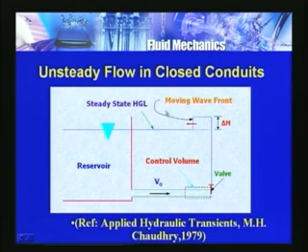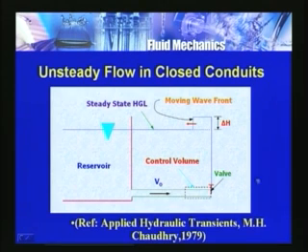Whenever there is a sudden closure of this valve, a moving wave front is produced and moves to the reservoir, then reflects back to the closed valve, and then returns back to the reservoir. Like that, oscillatory motions of the water hammer take place.